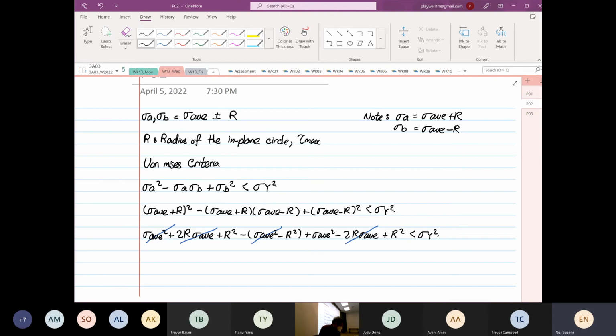So at the end of the day, we will have stress average squared plus 3R squared, and this thing will be equal to stress U squared.